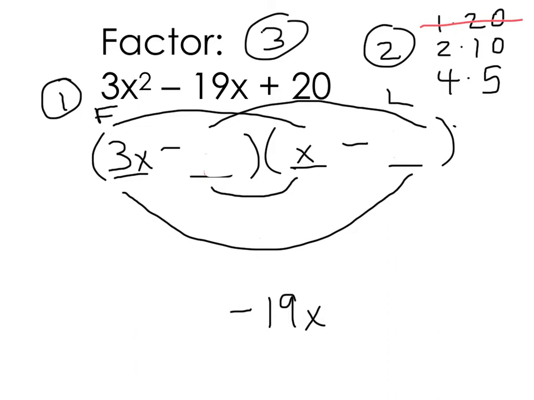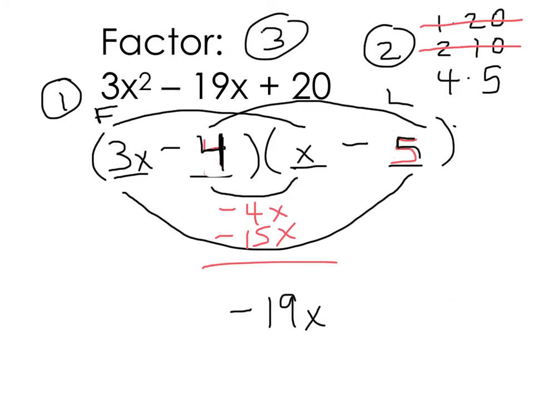We can cross off 2 and 10. We tried it both ways, it didn't work. 4 and 5, minus 4x minus 15x. Hey, look at that, that's correct. This is our correct answer.